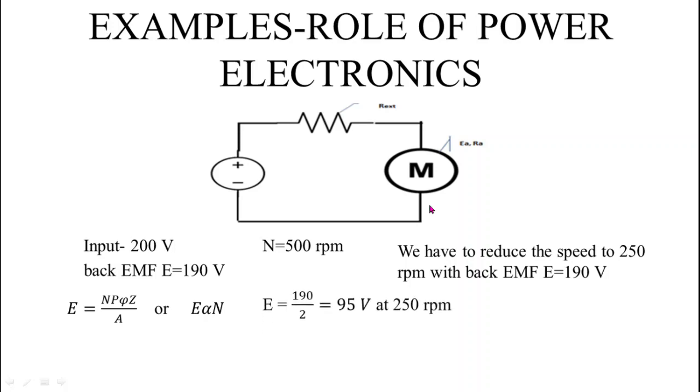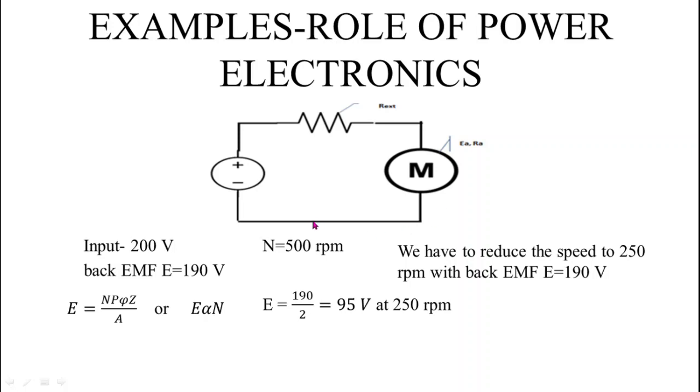When my back EMF was 190 volts, my speed was 500 rpm. To get a speed of 250 rpm, my EMF will be 190 upon 2, that is 95 volts. So here the EMF gets reduced proportionally with the speed.